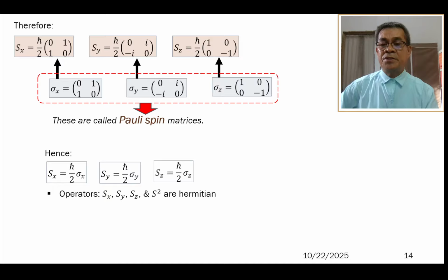Take note, the operators S_x, S_y, S_z, and S squared are all Hermitian operators. Mostly the operators are Hermitian. But again, S_x and S_y are not compatible with S_z, but these components are compatible with S squared.